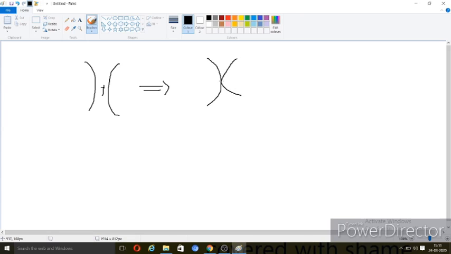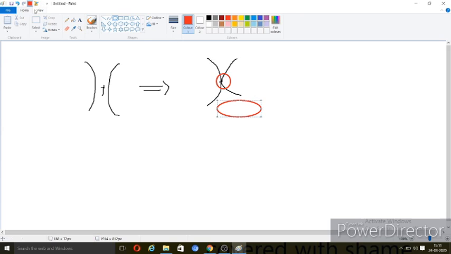Here is a point where two chromatins join together, and when two chromatins combine, they are known as the chromosome.